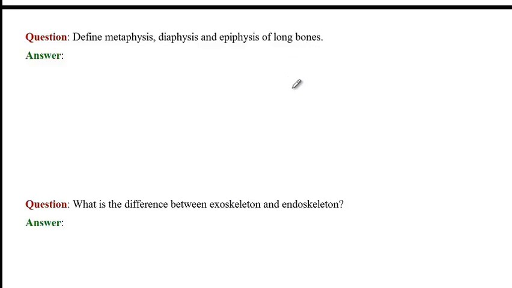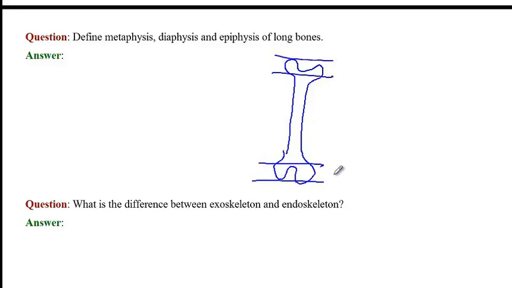So we briefly touched on this topic, and we mentioned how the long bones, the outside part of it, which is made of a spongy bone, we'll call it epiphysis. This is epiphysis.